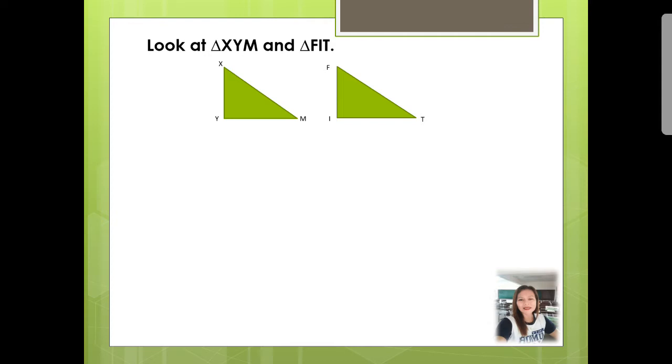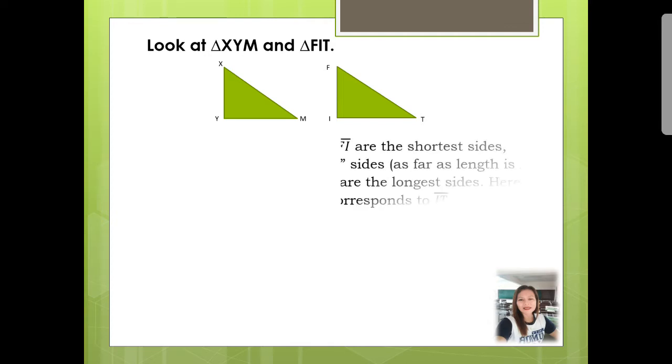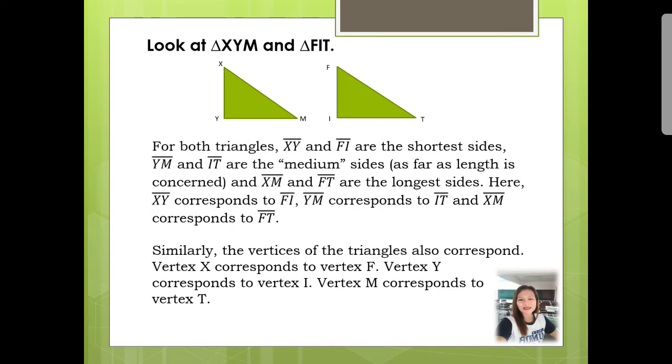Look at triangle XYM and triangle FIT. So we have two given figures of triangles. For both triangles, side XY and side FI are the shortest sides.